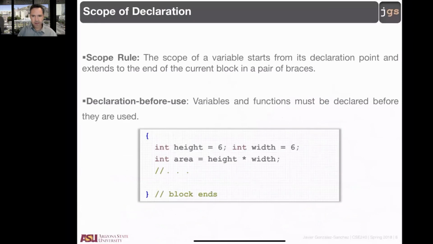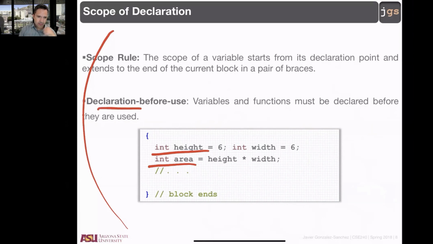Let's check. Number one, big parentheses, because I need this later. Before you use something, you need to define that something. So big parentheses, before you use a variable, that variable should be declared, right? If not, you're going to have a compilation error.